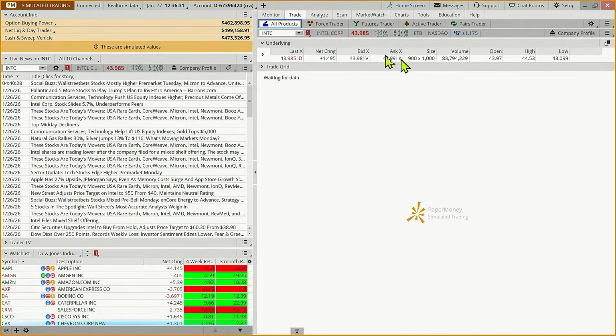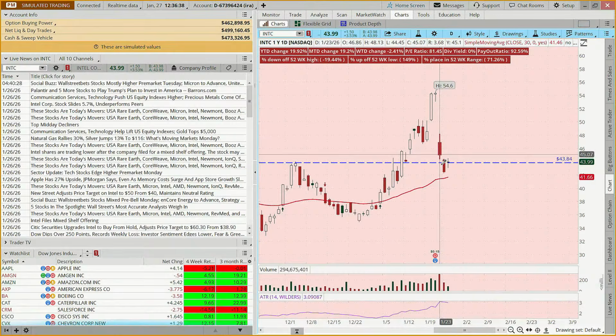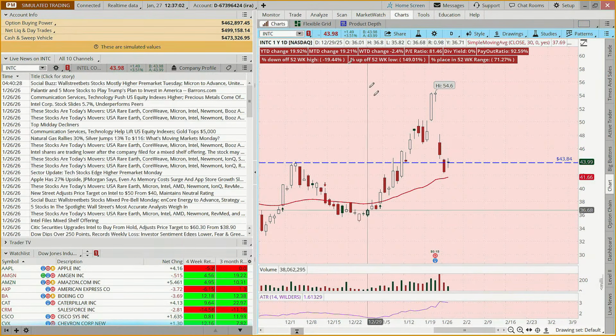Well, we'd come to our trade tab, we'd right click on the stock, and just to make it a complete trade, where might we put our stop? Well, if it goes 2% below this low, like if it continues to drop, then we want to cut our losses. So if we take that, say 42.28, and go 2 or 3% below that, 42.28 times 0.97, our stop would be at 41.01, and our target's going to be at 54.